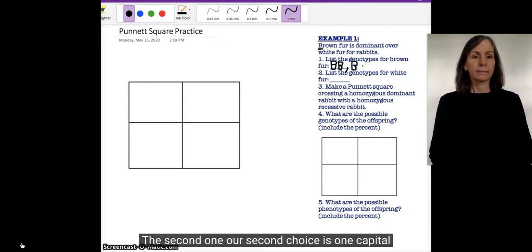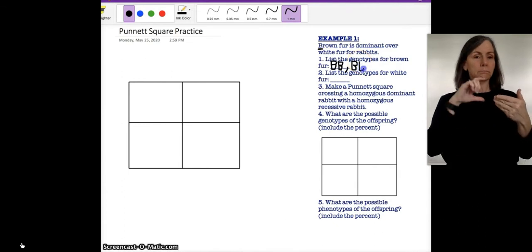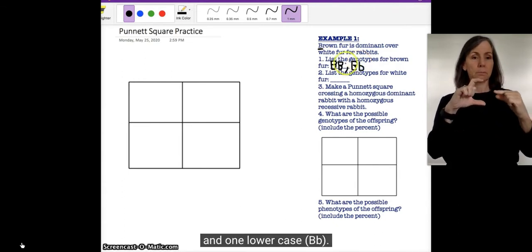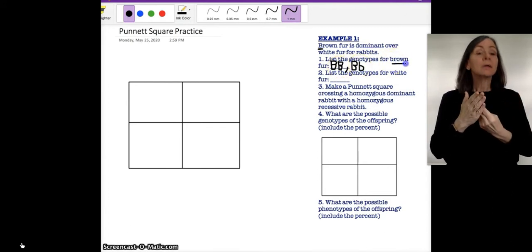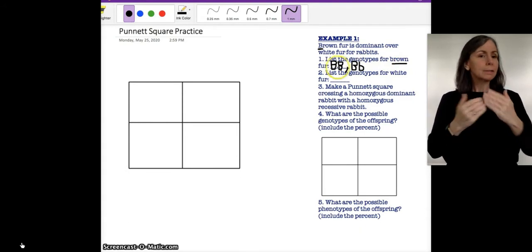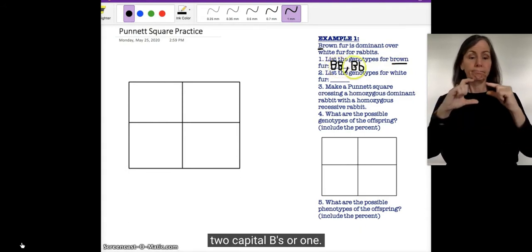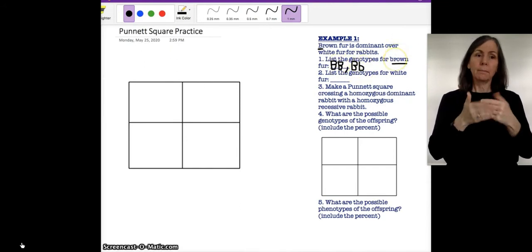The second one, our second choice, is one capital and one lowercase. Both of these will give you brown fur because it doesn't matter if you have two dominants, two capital B's, or one. Both of these give you brown fur.